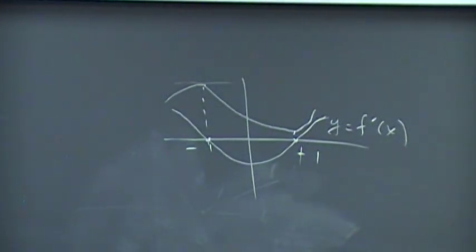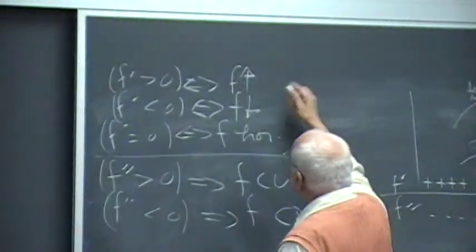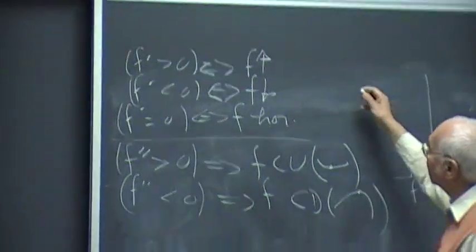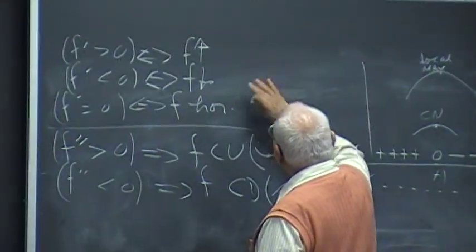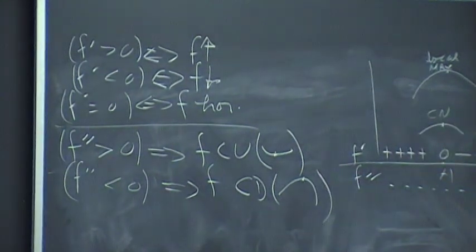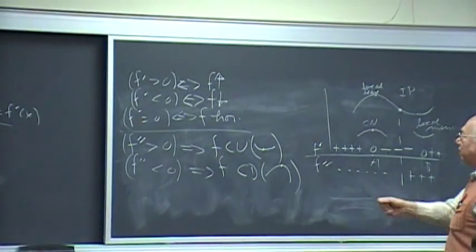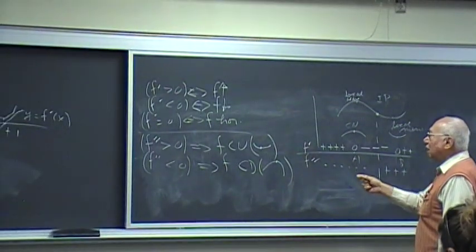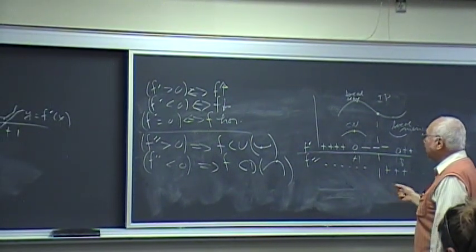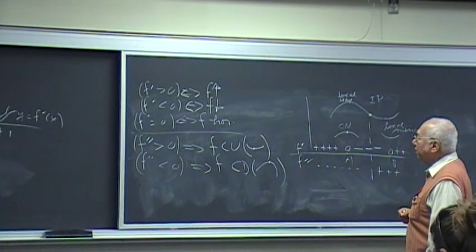This is called the first derivative test. If you have plus, then a critical number, and then minus, that's going to be the x-coordinate of the local max. And if the derivative goes from minus to 0 to plus, then that's going to be the x-coordinate of the local min.